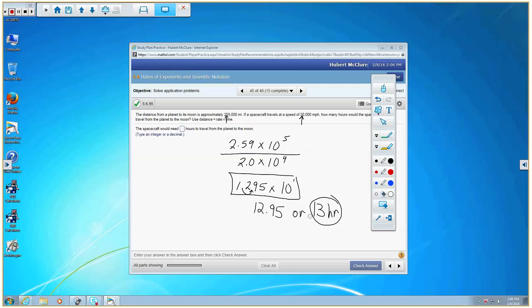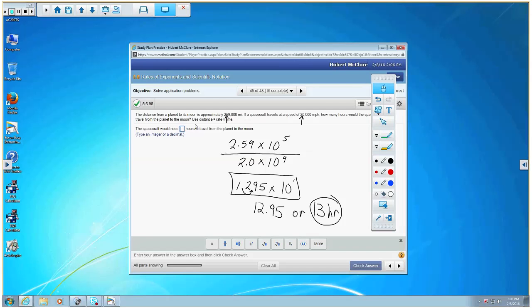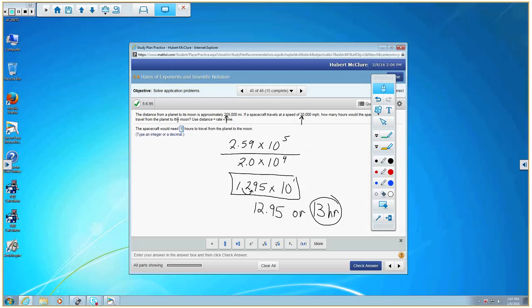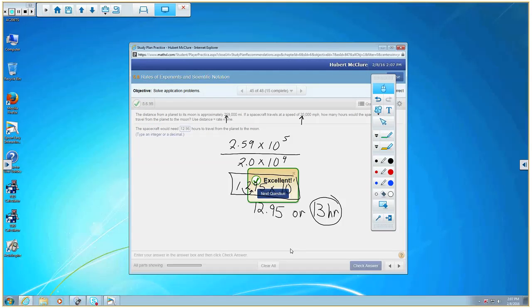So the spacecraft would need to travel 12.95 hours, or I'll take 13 on the test, because does it say round? Does it say anything about where to take it? No, so I will take either answer there. I'm going to put 13, but I'll take either one on the test. See?